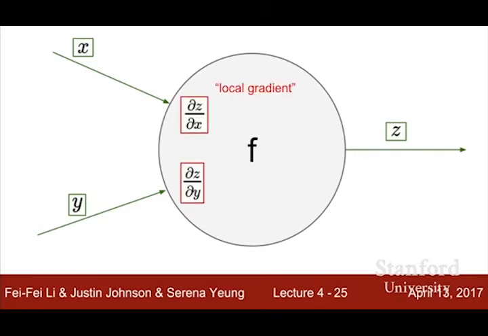And at this node, we also know the local gradient. We can compute the gradient of z with respect to x and the gradient of z with respect to y. And these are usually really simple operations. Each node is going to be something like the addition or the multiplication that we had in that earlier example, which is something where we can just write down the gradient and we don't have to go through very complex calculus in order to find this.